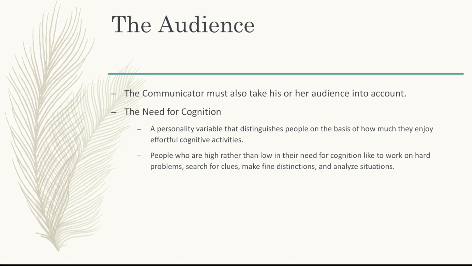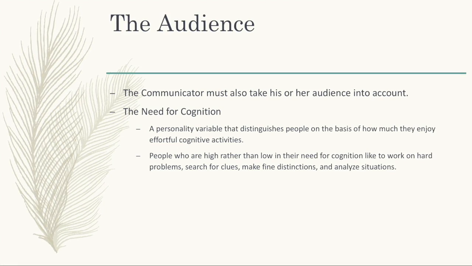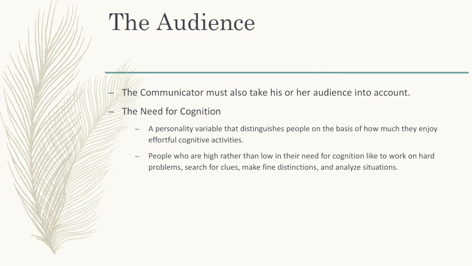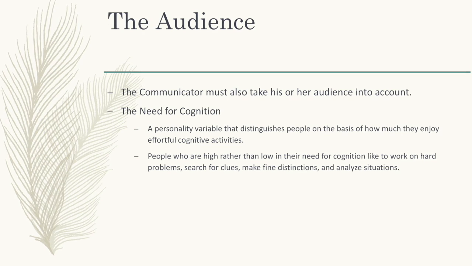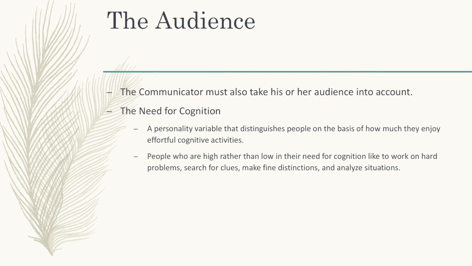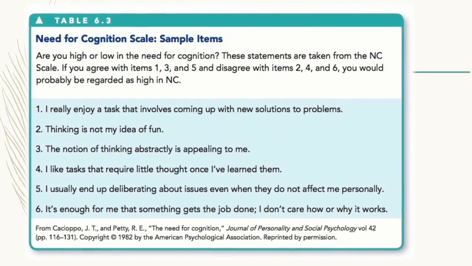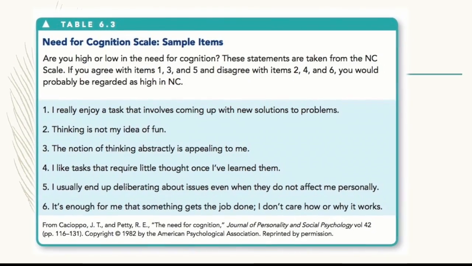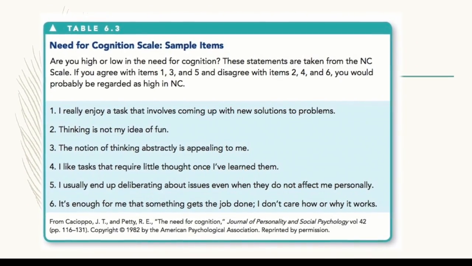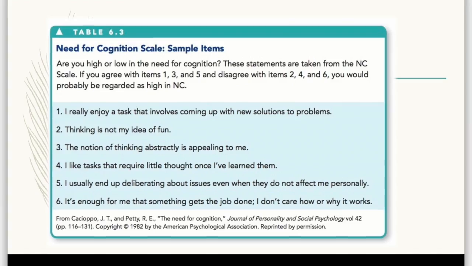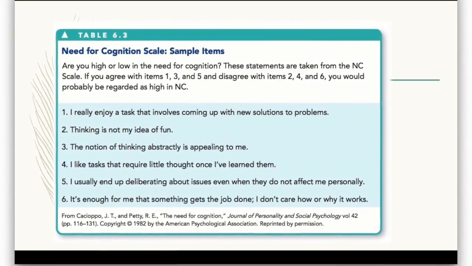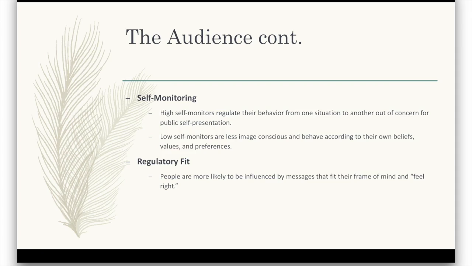And people who are high rather than low in their need for cognition like to work on hard problems, search for clues, make fine distinctions, and analyze situations. Here's an example of a graph that shows the need for cognition. It is the need for cognition scale that shows if you are high or low in the need for cognition.